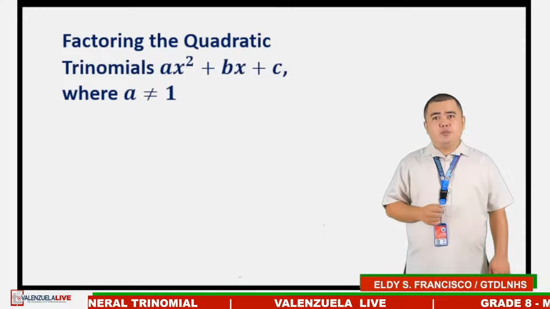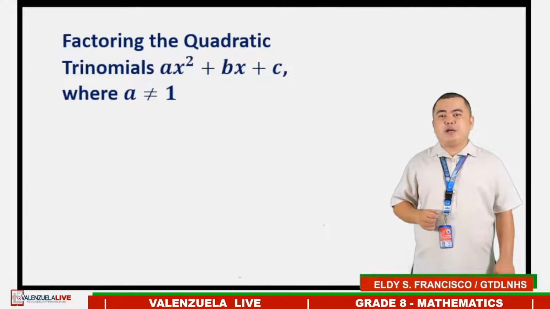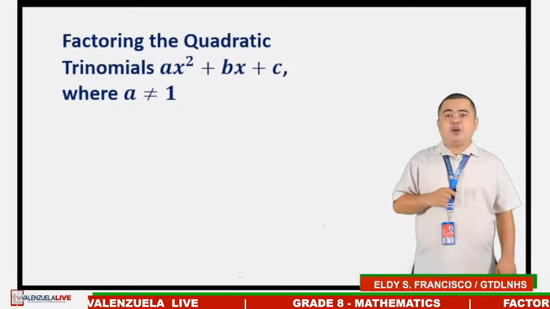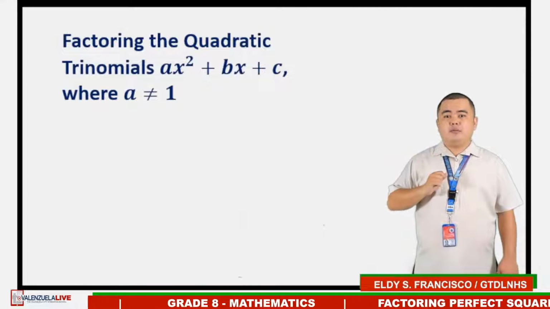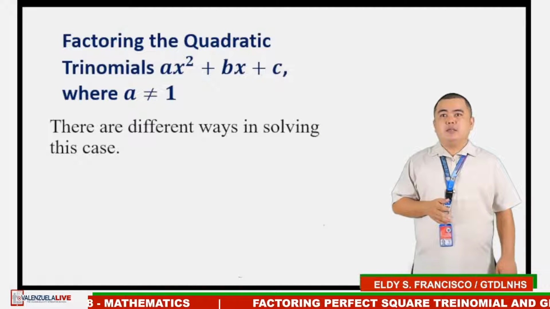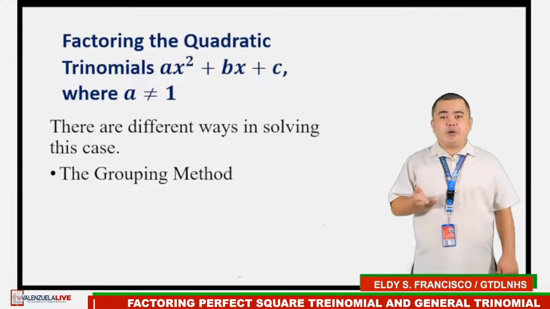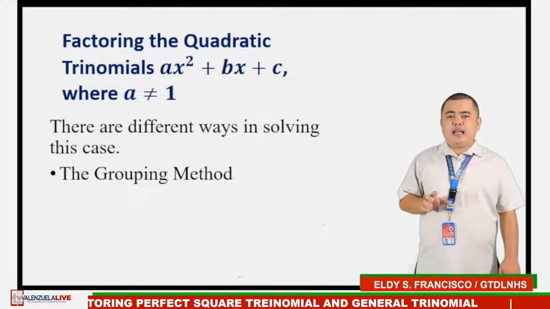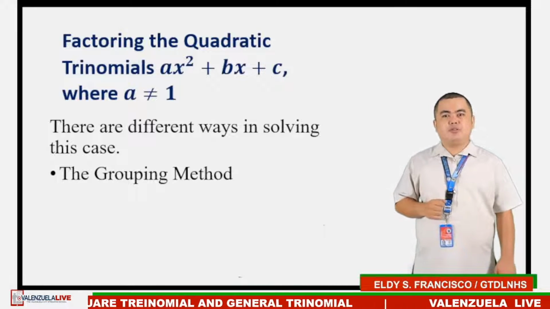Let us now move to case number 2. Factoring quadratic trinomials where a is not equal to 1. There are different ways in solving this case. First, we have the grouping method, where you are going to extract the middle term and regroup the polynomial to have a common binomial factor.